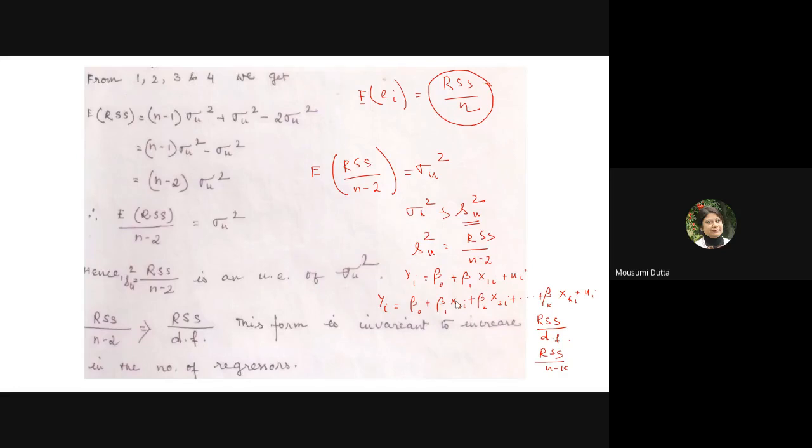However, before moving towards hypothesis testing, we have to talk about ANOVA part, analysis of variance part. Once we understand the ANOVA part, once we understand the idea of goodness of fit, then only it will be appropriate to plan for hypothesis testing.